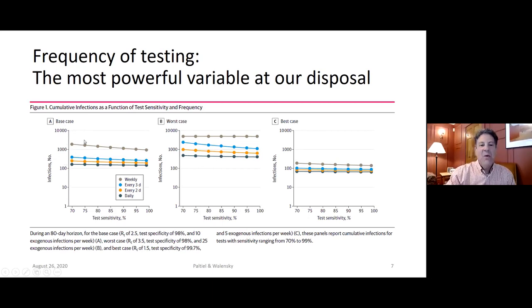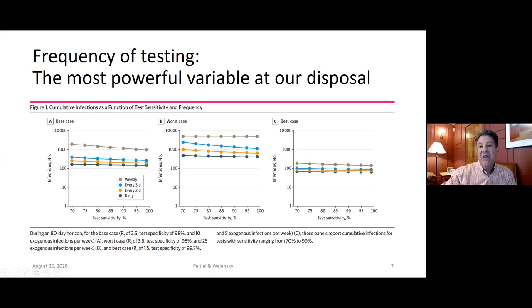What you see here is that more than sensitivity, the frequency of testing has the greatest effect on the number of infections that can be averted. The more frequently you test, you get order of magnitude changes in the number of infections caused. And that was true in the base case, in the worst case, and in the best case.